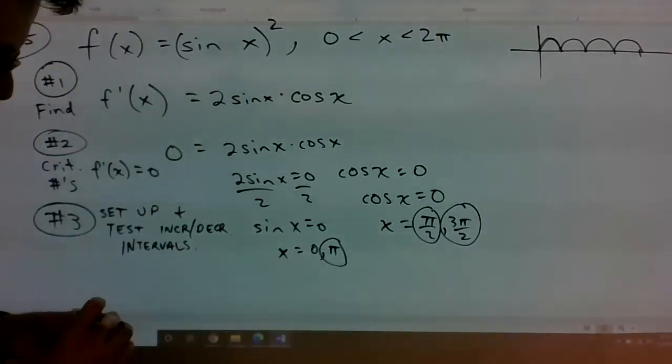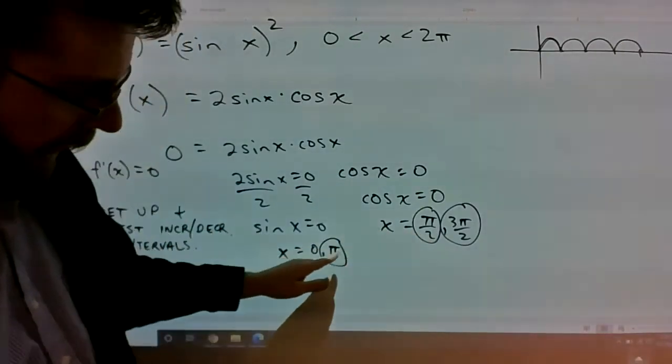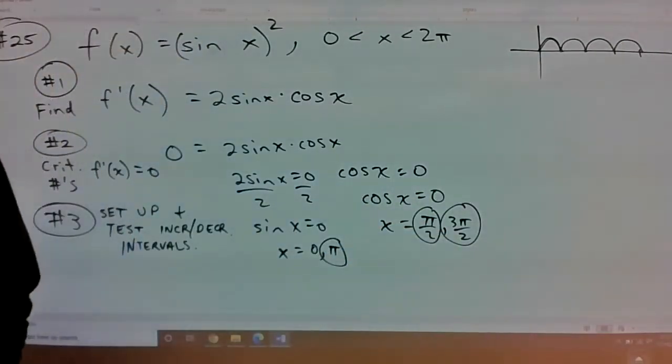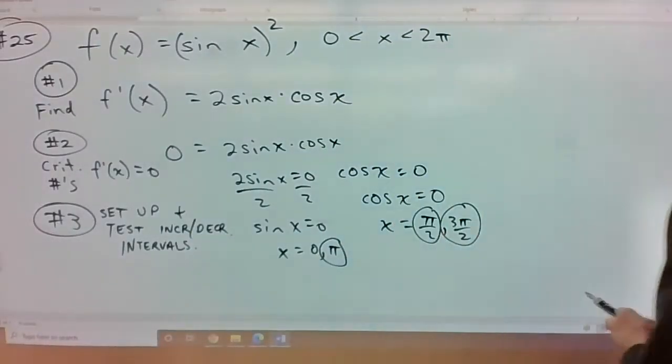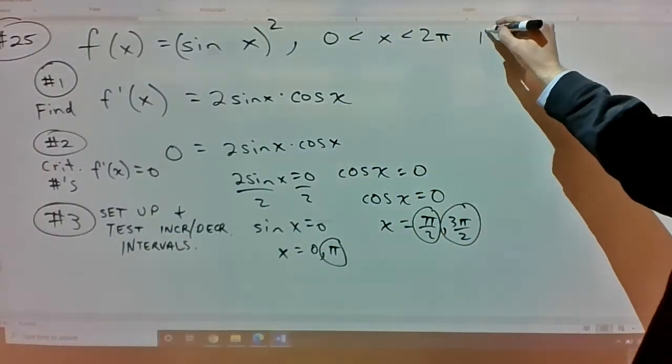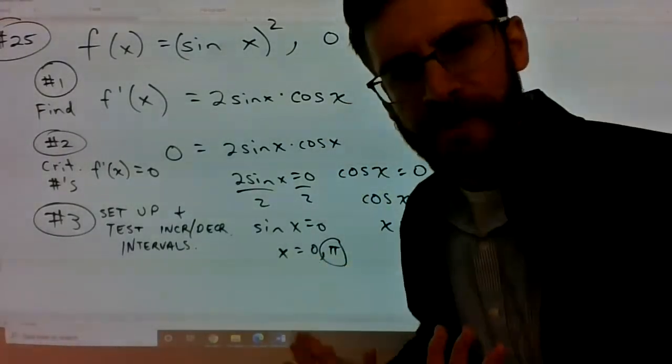So here, let's get some more room. So pi over 2, then to pi, and then 3 pi over 2. So part 3. We've got to start at 0 because it doesn't go to negative infinity.